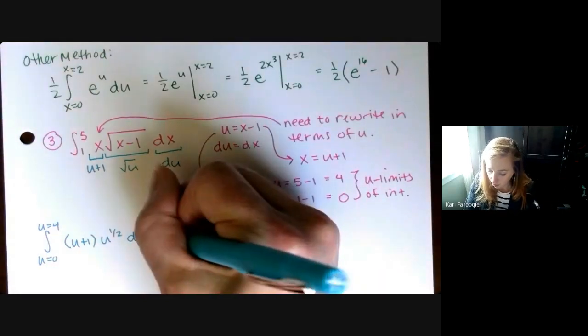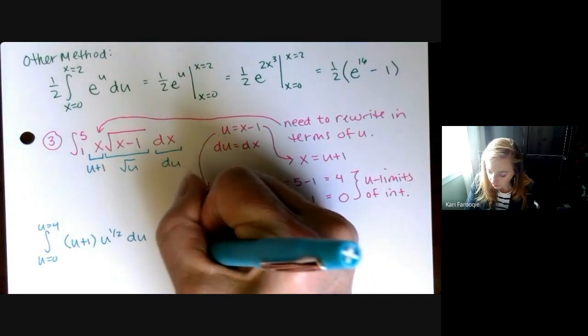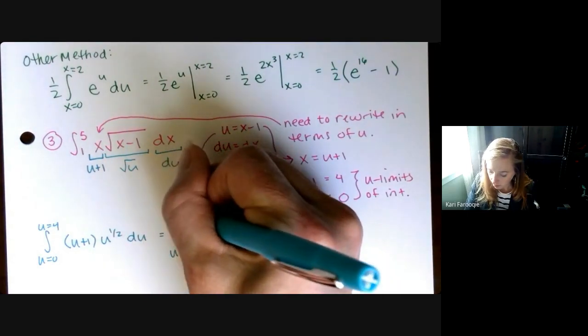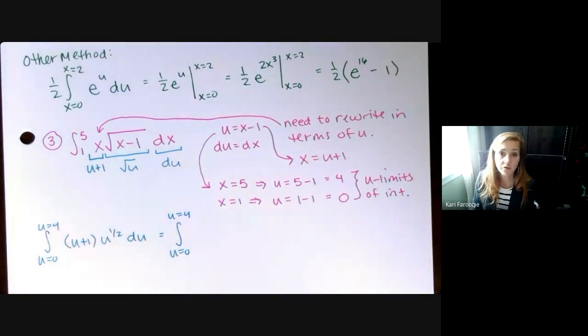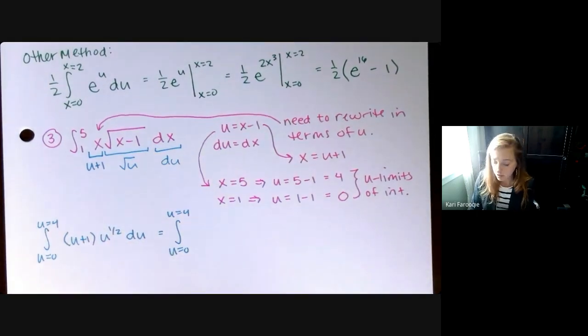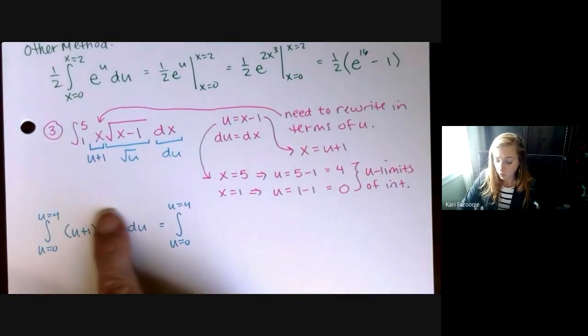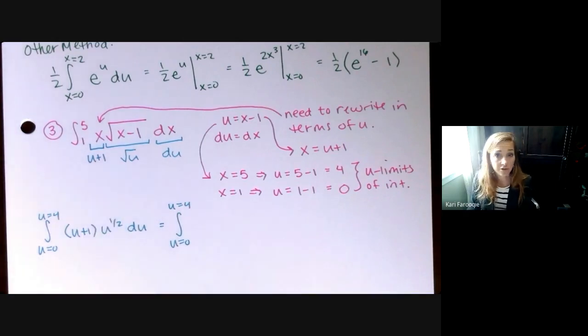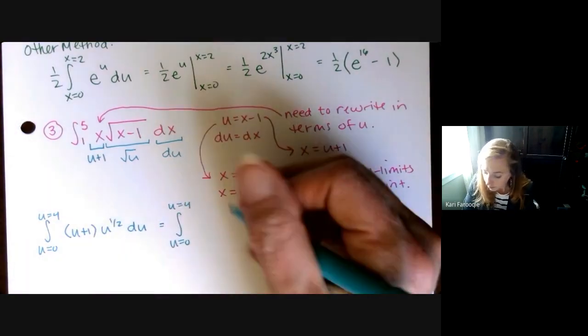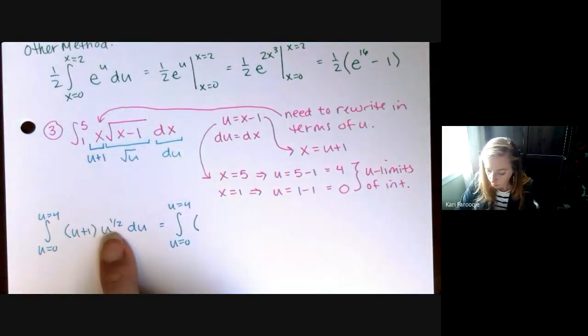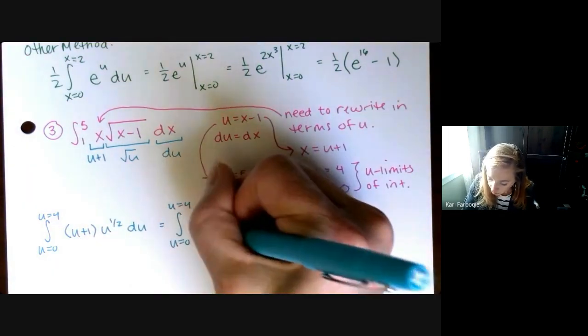In order to use the FTC on this, we're going to have to integrate. We're going to do that by simplifying this integrand. Right now, I just need to multiply the u to the 1/2 into the parentheses to simplify. So this is going to become u to the 1/2 plus 1, which is 3/2.